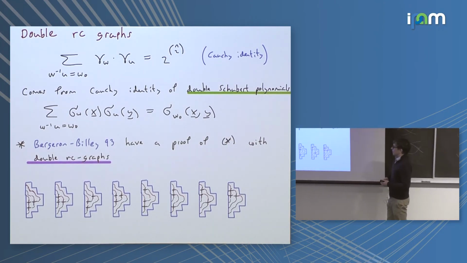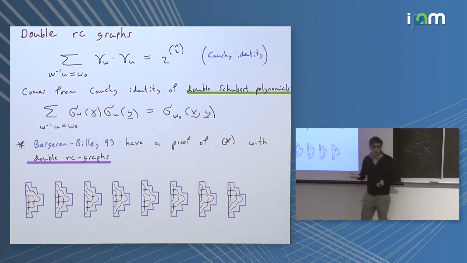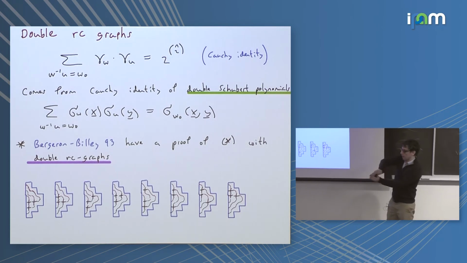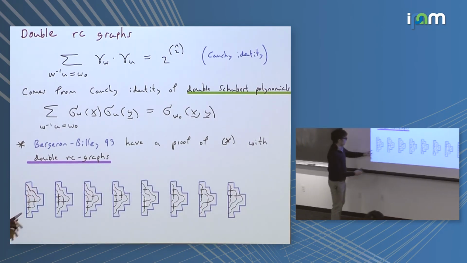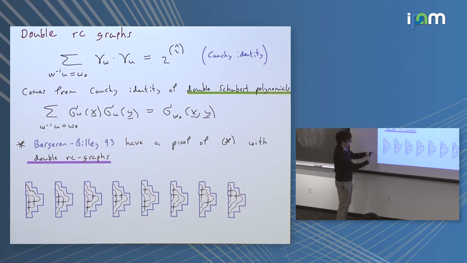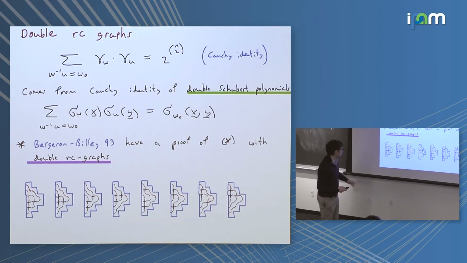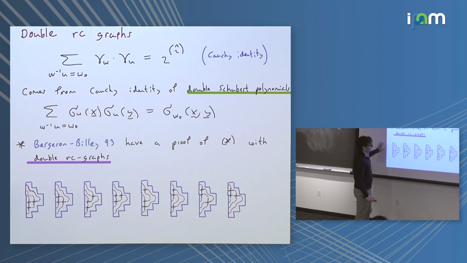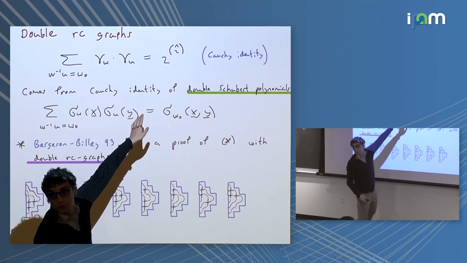And in this RC graph paper, Bergeron and Billey have a model for this identity using double RC graphs. So now you can duplicate your diagram, and again you don't want wires to cross more than once, and hopefully I didn't make a mistake here. And here are the 8 double RC graphs that explain that 2 to the 3 choose 2.